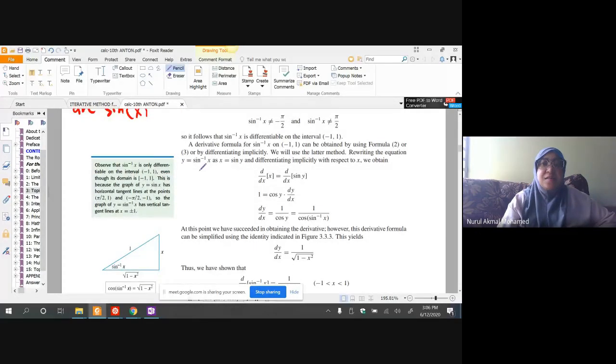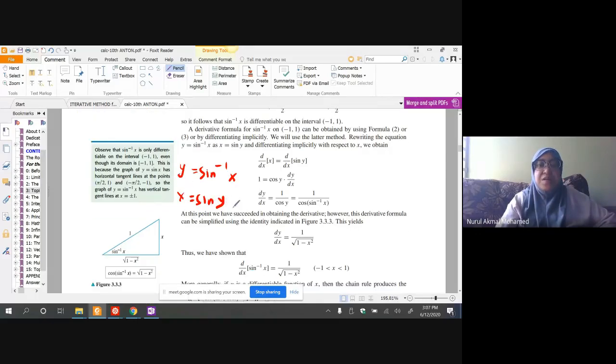Okay, let's start from here. Let's say you have y equal to arc sine of x. Obviously your x will be equal to sine y. Then you differentiate both sides of the equation.